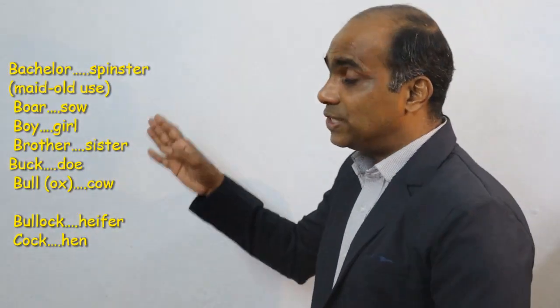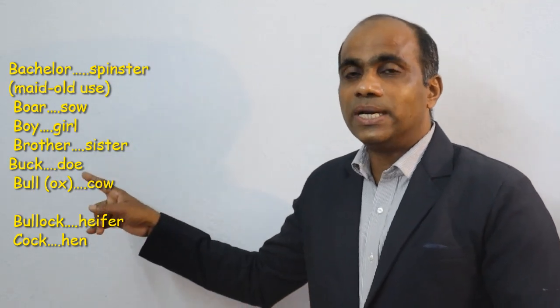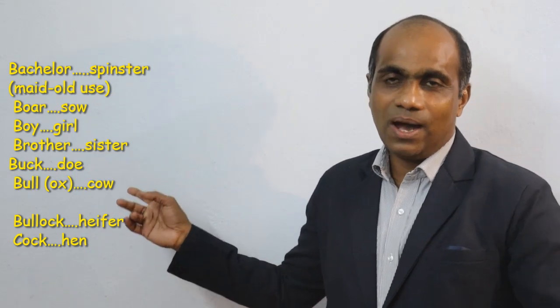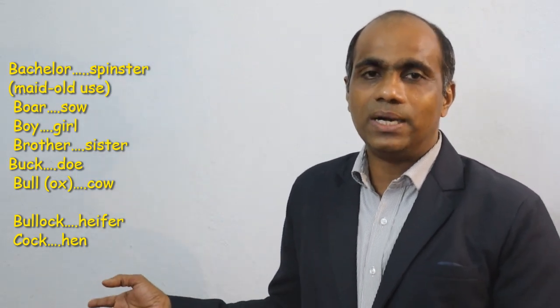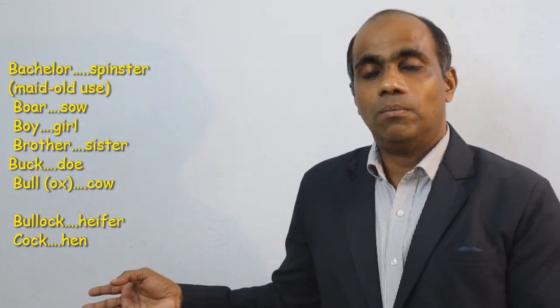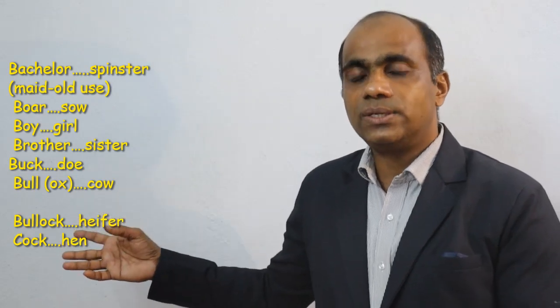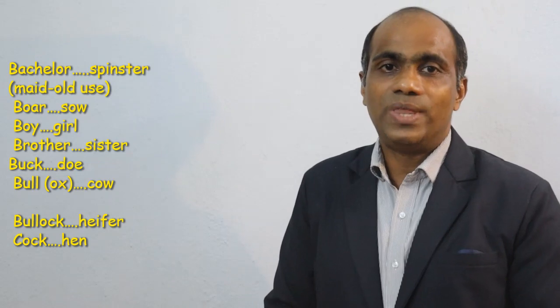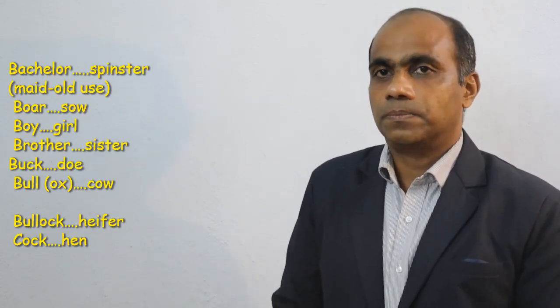Examples: bachelor, spinster. I have also written maid in brackets. That's old use. Now usually we don't use maid, but we use spinster. But when you read old English literature, you see the word maid more often than spinster.